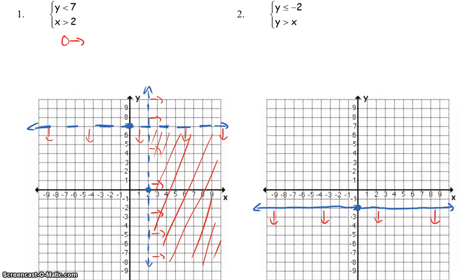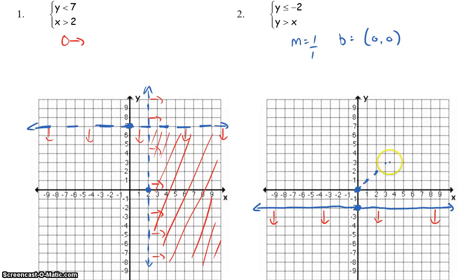The second one is not vertical or horizontal, though. This is a slope of 1 with a y-intercept at 0, 0 at the origin. So there's my y-intercept. My slope is 1, that's 1 over 1. And it's a greater than symbol. So here's my slope.